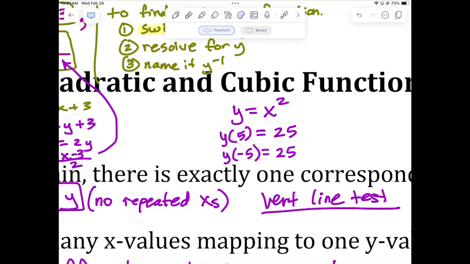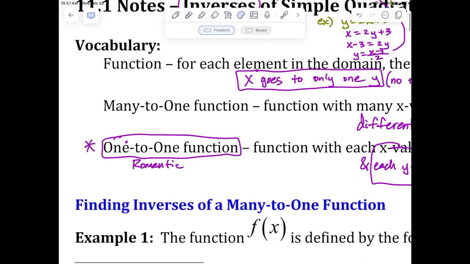No. The 5 is faithfully dating 25 and only 25. The -5 is faithfully dating 25 and only 25. But what is 25 doing behind their back? Dating both of them. That is not romantically faithfully one-to-one. That's two-timing. X squared is two-timing every single x value except 0. So that's what a one-to-one function means.